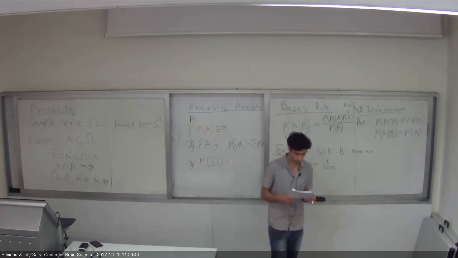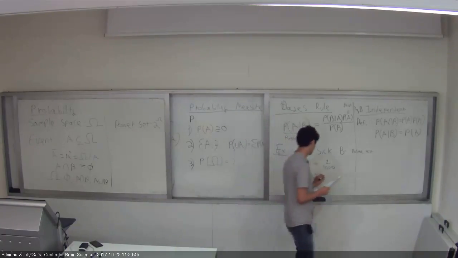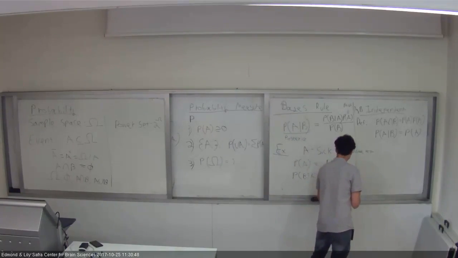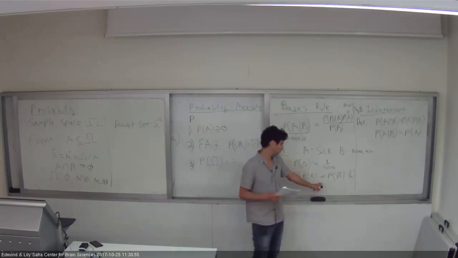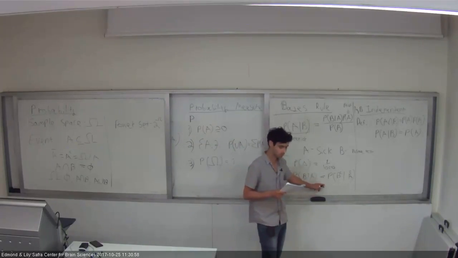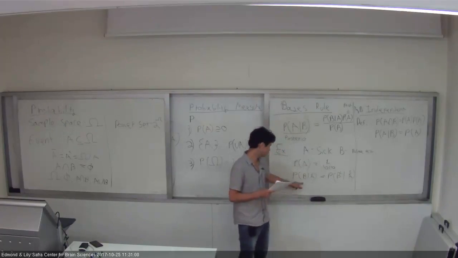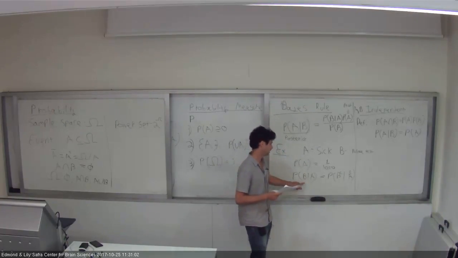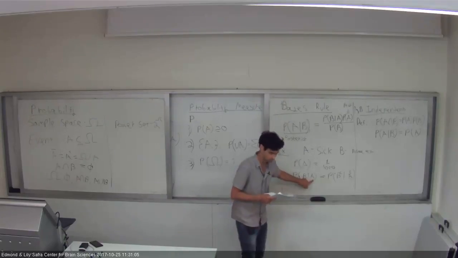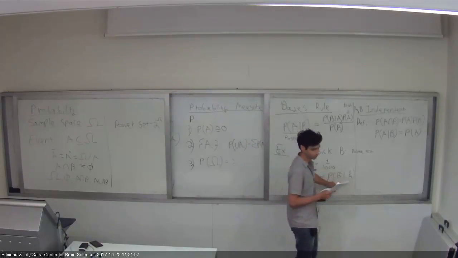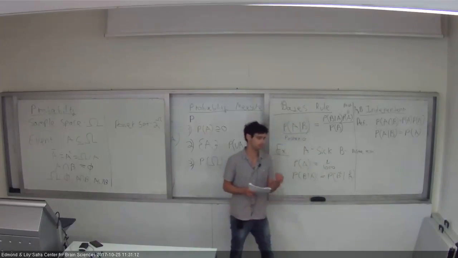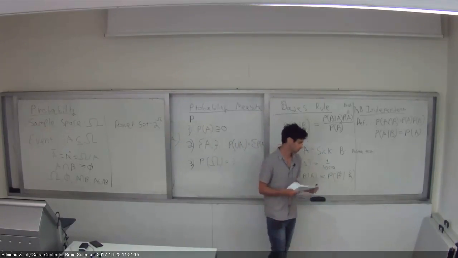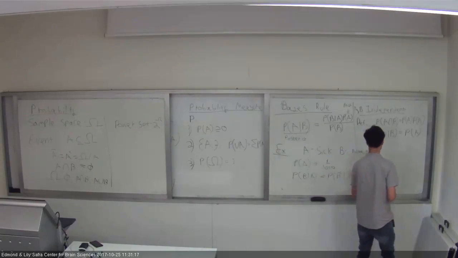These two probabilities are the probabilities that the test is correct given the state of the patient. This is the probability that the test is positive given that the person is sick, and this is the probability that the test is negative given the event that the person is not sick. So we know that this is equal to 0.9.